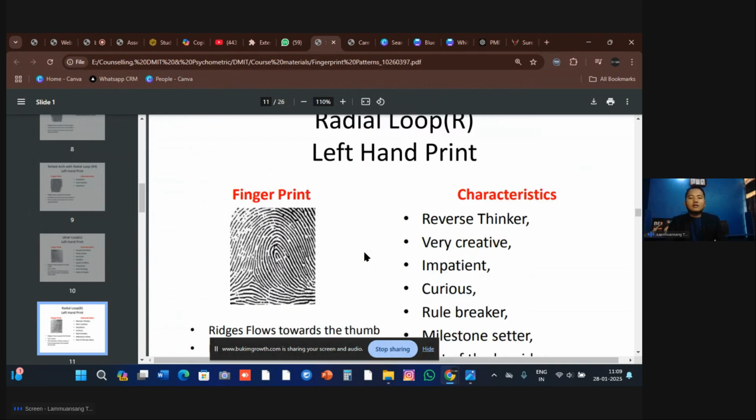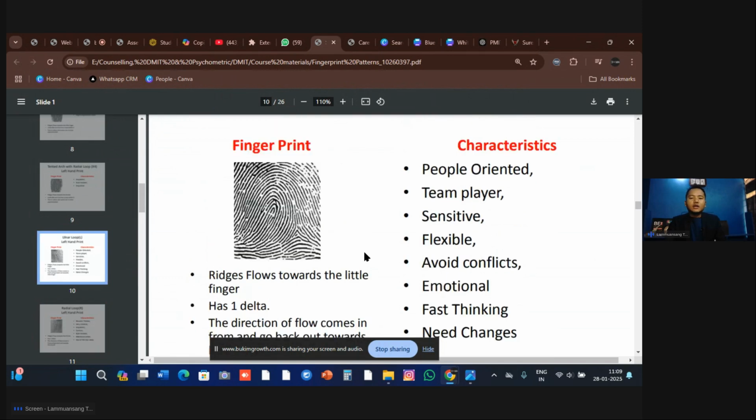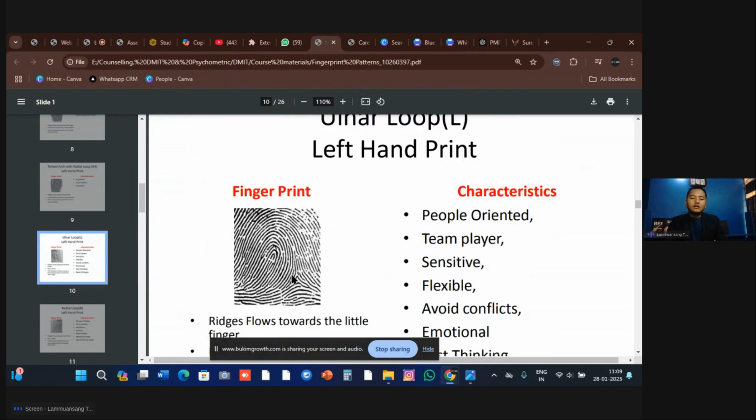And this is R. R and L, what is the difference? For L, the tri radius is more on the right side and the center is more on the left side. Got it? But if you see this kind of pattern on the right hand, what does it mean?